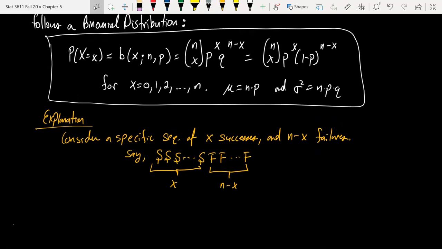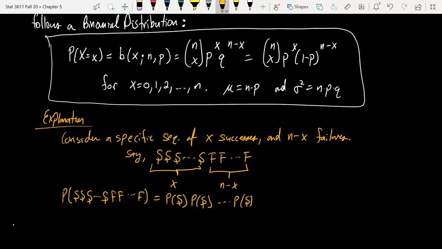Well, because these are independent, if this is a Bernoulli process, the probability of all of these events happening at once, the intersection of all of these, is just the product of the individual probabilities. We can split that up, right? The probability of a success in the first trial, success in the second, and so on, times the probability of a failure, and so on, times the probability of a failure, right?